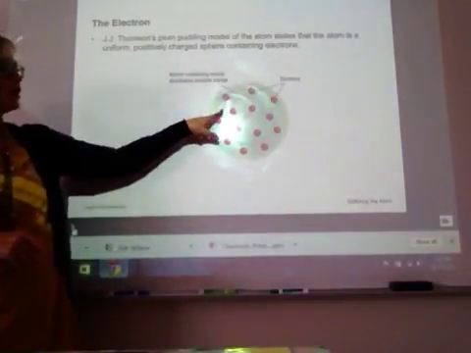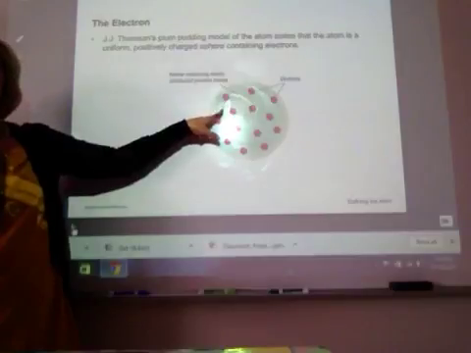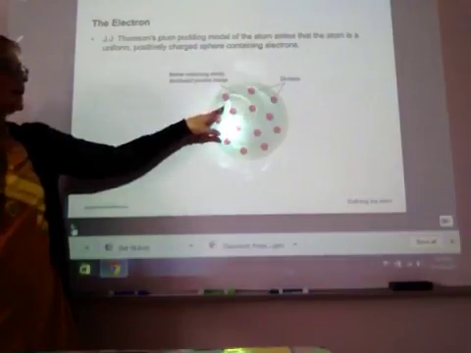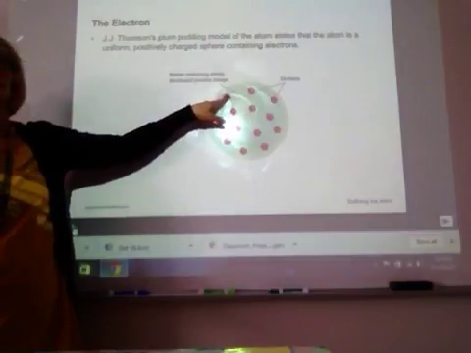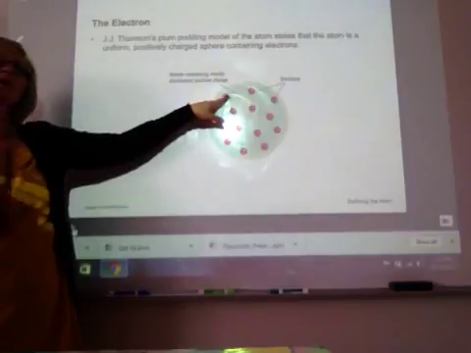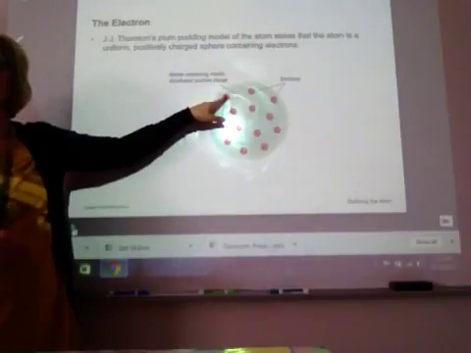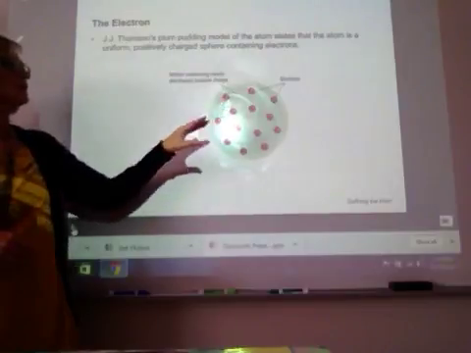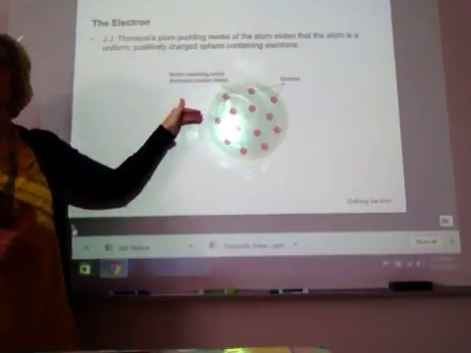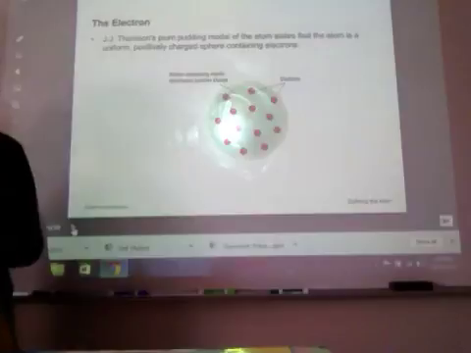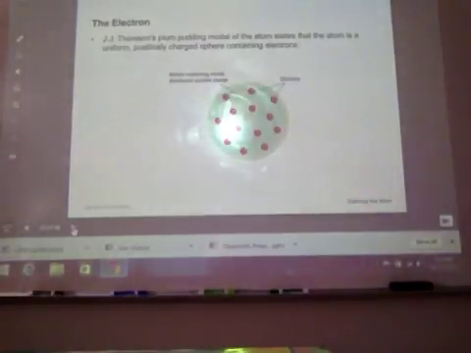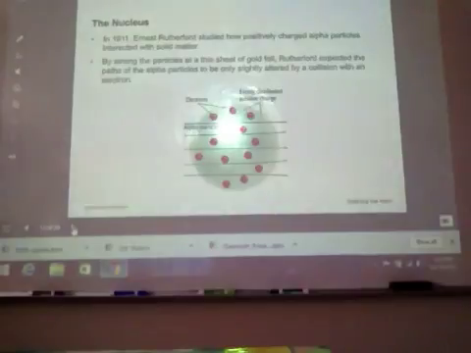So the positive charge of the pudding or the cookie dough neutralized the negative charge of the scattered plums or the scattered chocolate chips, however you want to look at it. This is now an incorrect model, but it is the first one that was basically put out to the public.